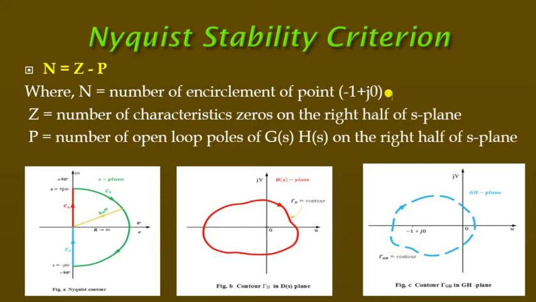This point is known as the critical point. Z is the number of characteristic zeros in the right half of the S-plane, and P is the number of open loop poles of G(s)H(s) in the right half of the S-plane.